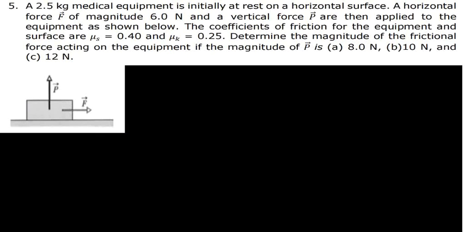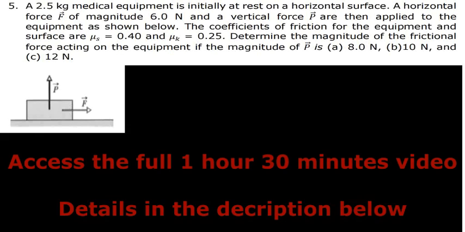In this tutorial we are going to solve a question under Newton's laws of motion. So here's a question for you. A 2.5 kg medical equipment is initially at rest on a horizontal surface. A horizontal force F of magnitude 6 newtons and a vertical force P are then applied to the equipment as shown below.